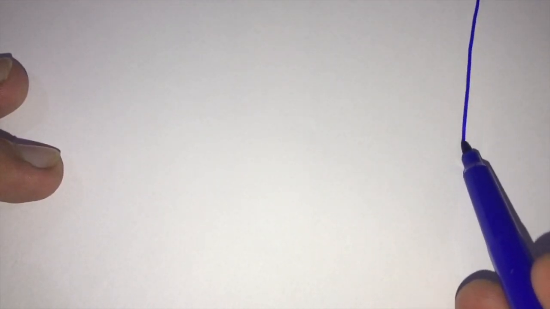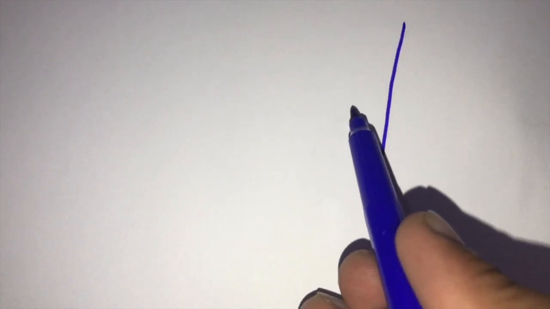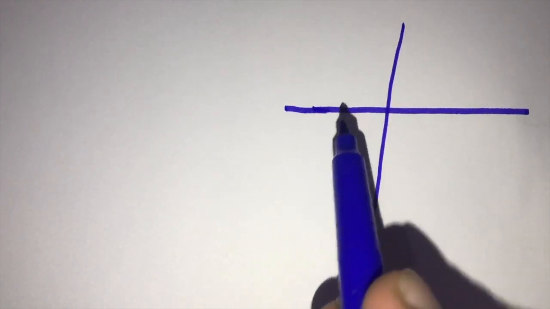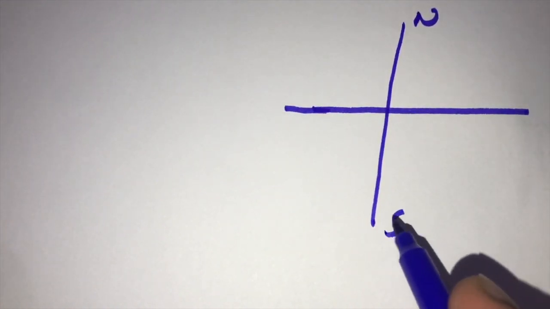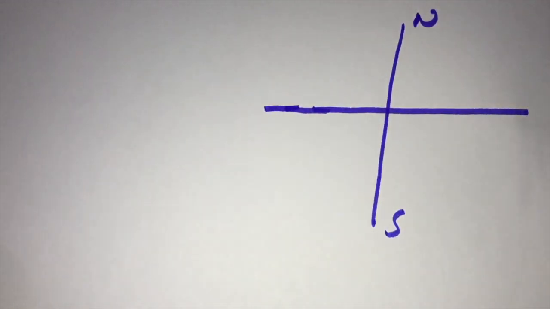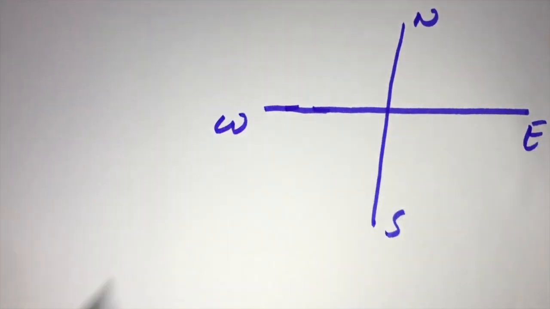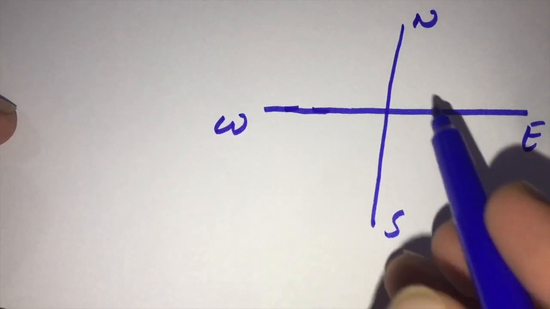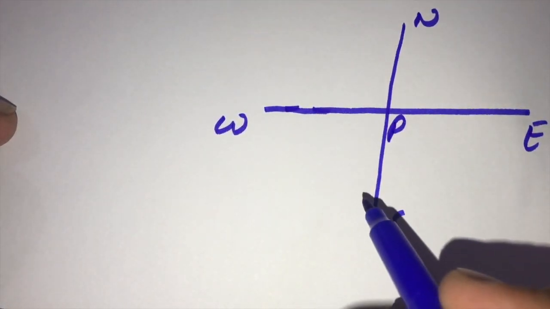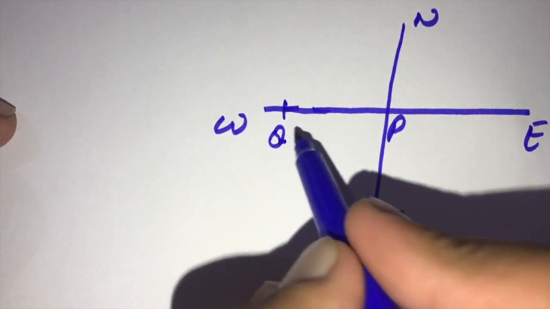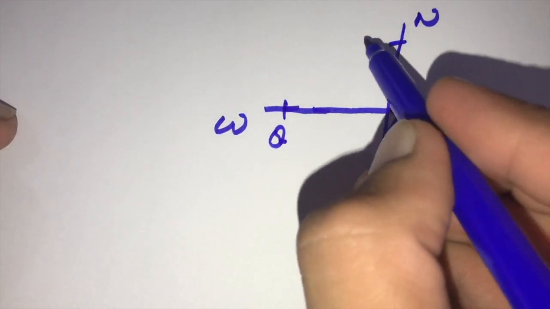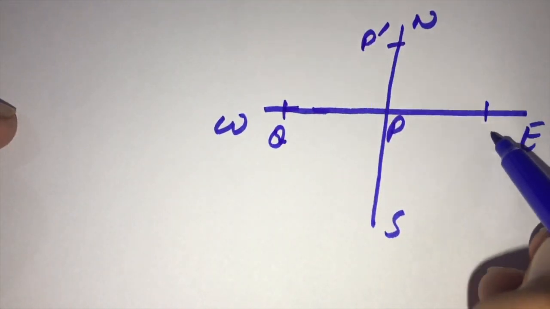This is our axis. Here is the north, here is the south, here is the east, and here is the west. Mark this point as P, mark this point as Q, mark this point as P dash, and mark this point as Q dash.